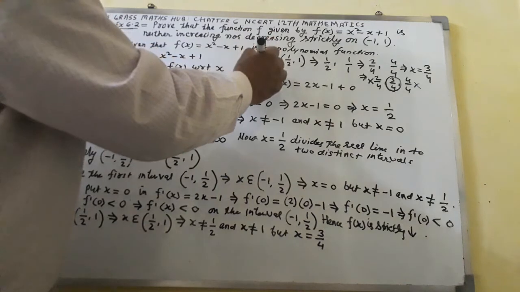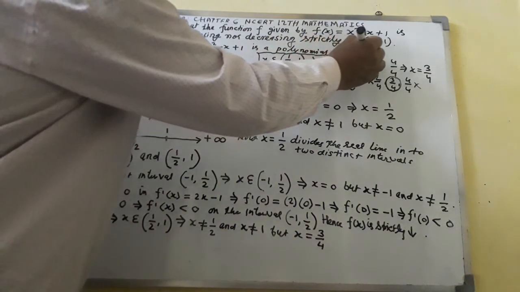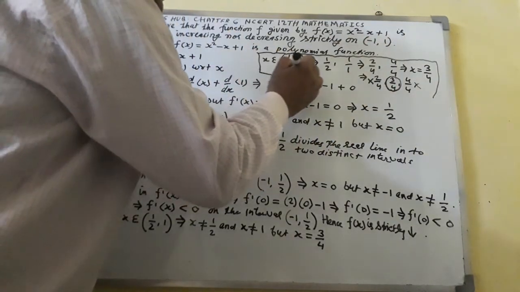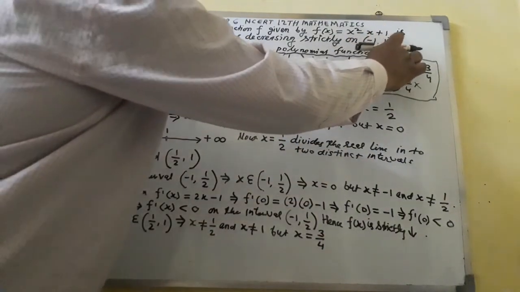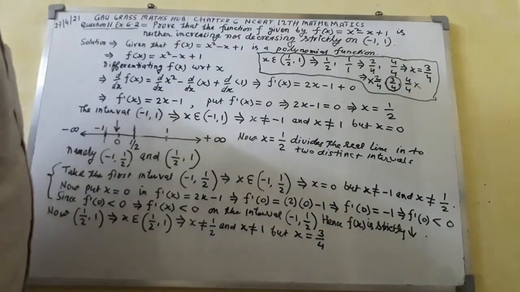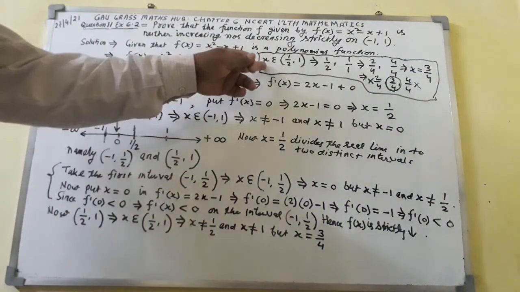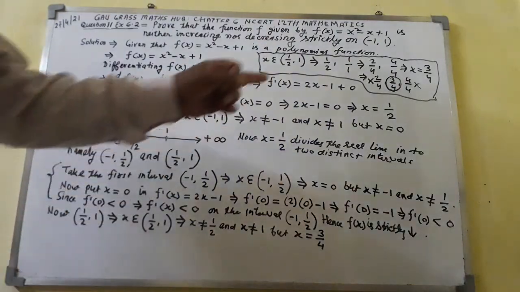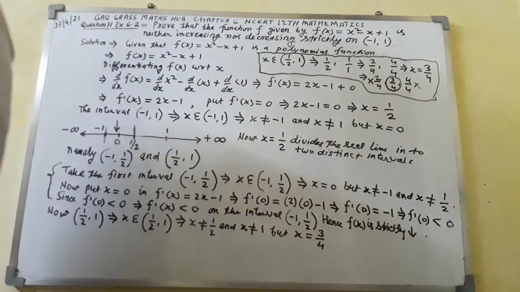That's why I have explained this in detail, enclosing it in the box so that this can be written in the rough work. Again I shall explain, x belongs to the open interval 1 over 2 comma 1.